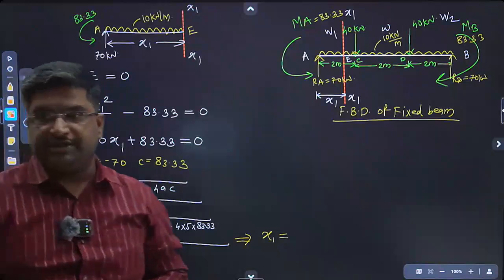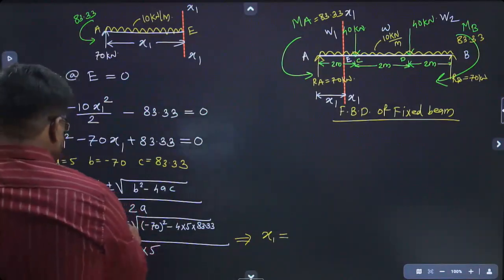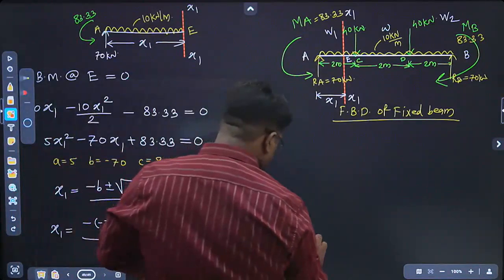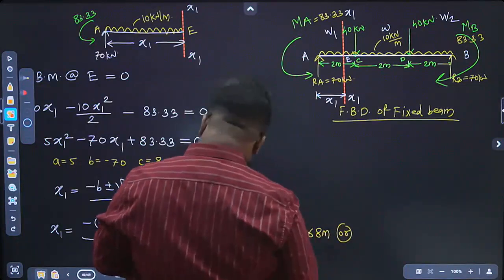Please cross check it. Monica. 12.68 meter. If you put the plus here, you will get 12.68 meter. Or what is another answer?